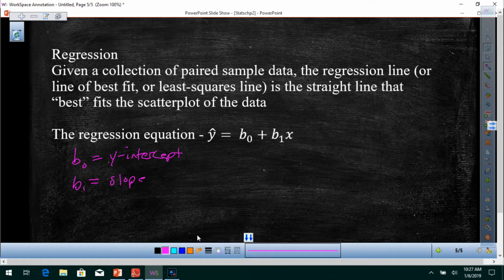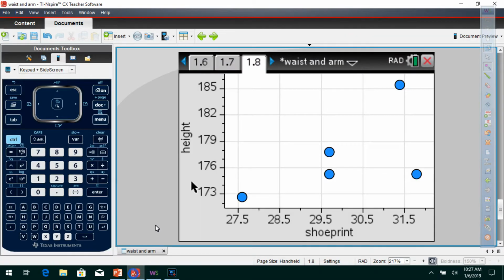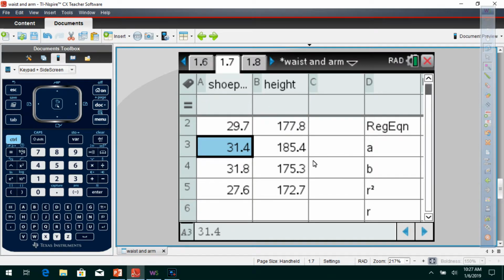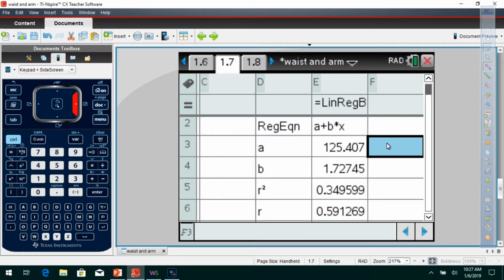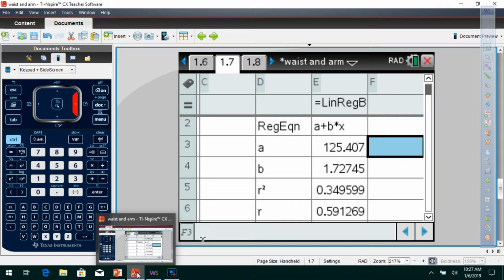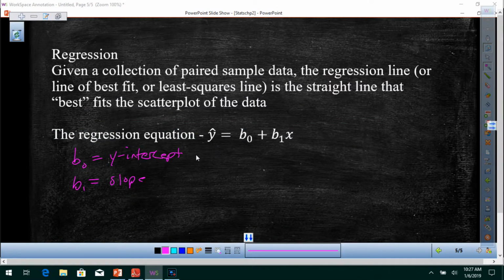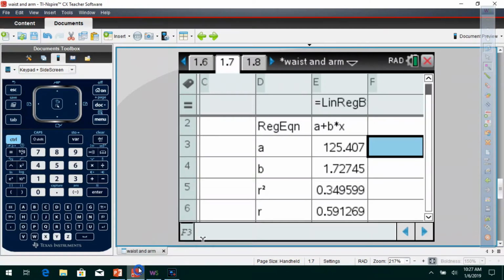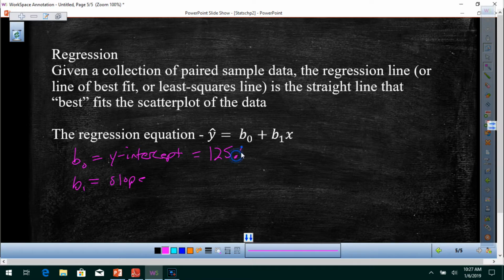Okay, and if we go back to our data here, it gave us A and B. So here we would have 125 point something, 0.407, we'll just do 0.4.